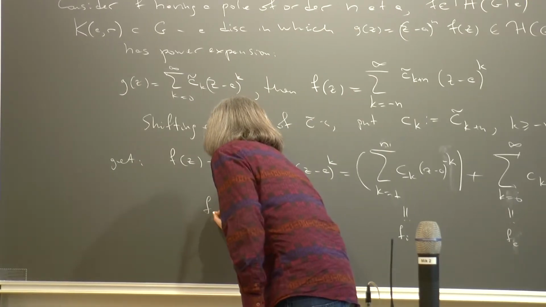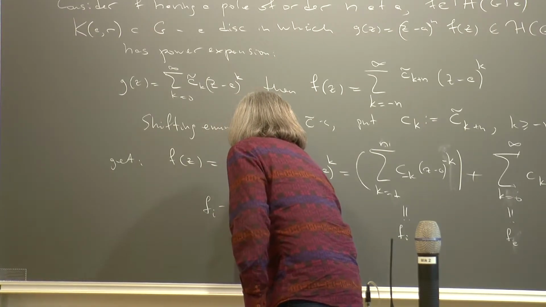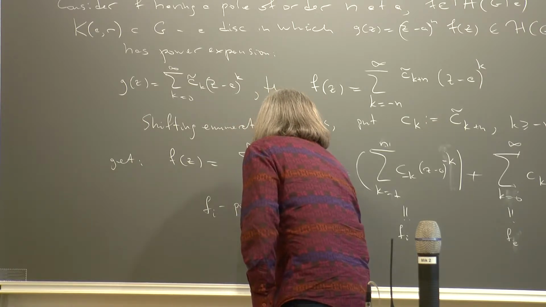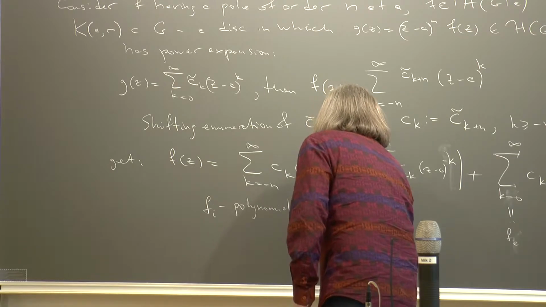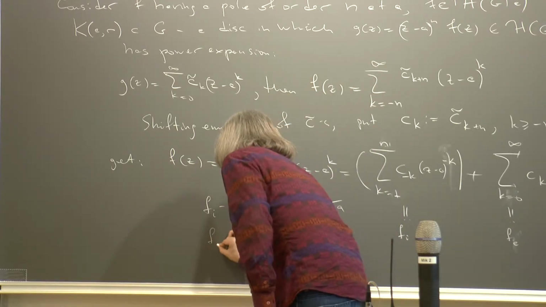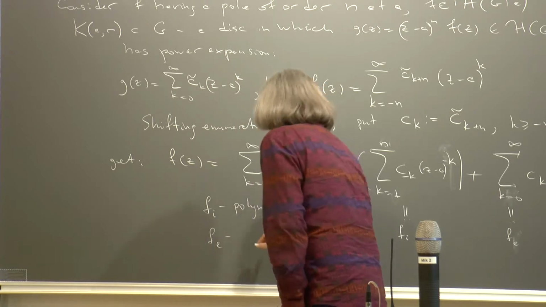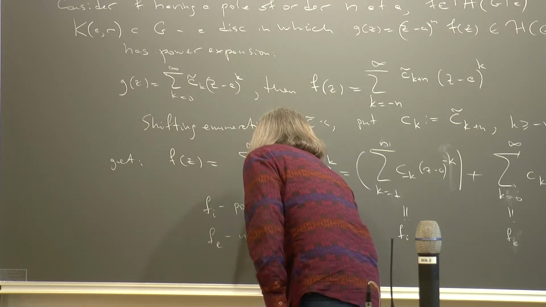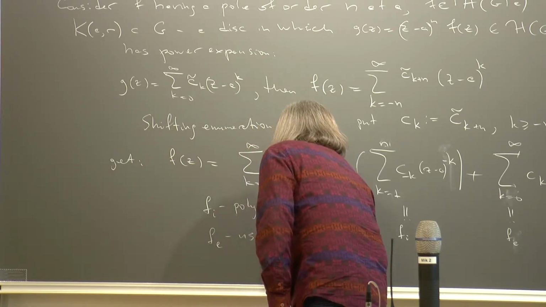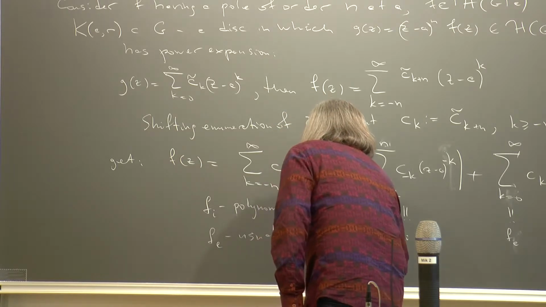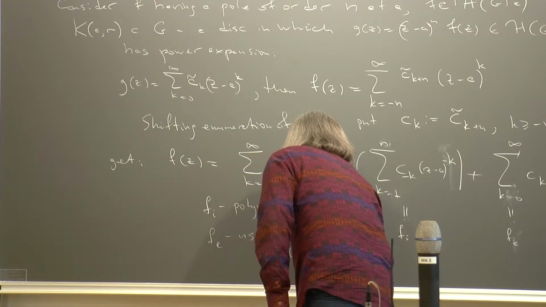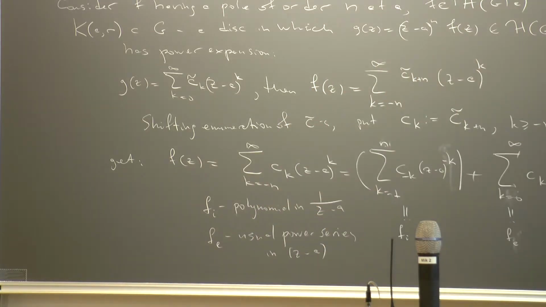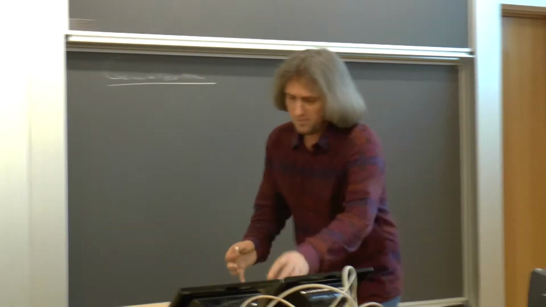So f i is a polynomial in 1 over z minus a, and f e, the external part, is a usual Taylor series in z minus a.